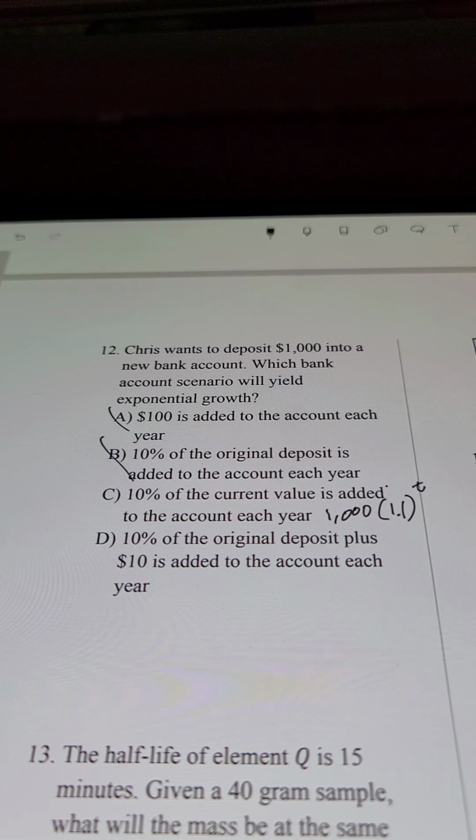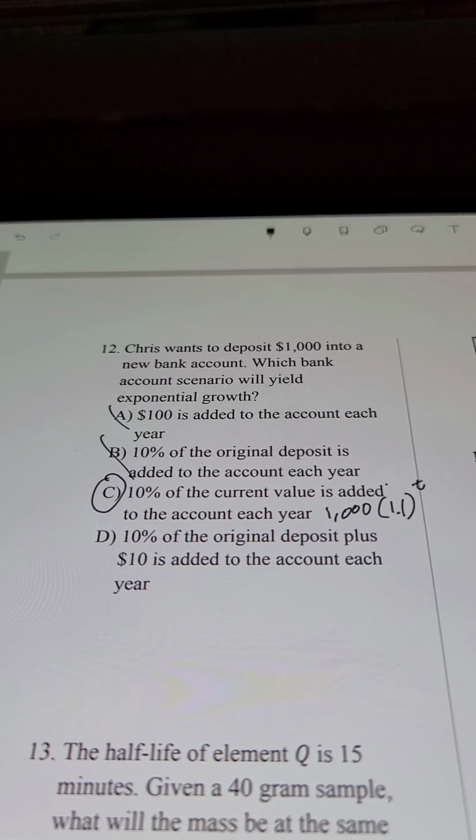So, and so on and so forth. So it's actually the current value that's changing rather than just adding on whatever 1.1 of 1,000 is each time, which is what B was essentially saying. Or B would have said you're adding on what 0.1 of 1,000 is each time. So the answer is definitely C.